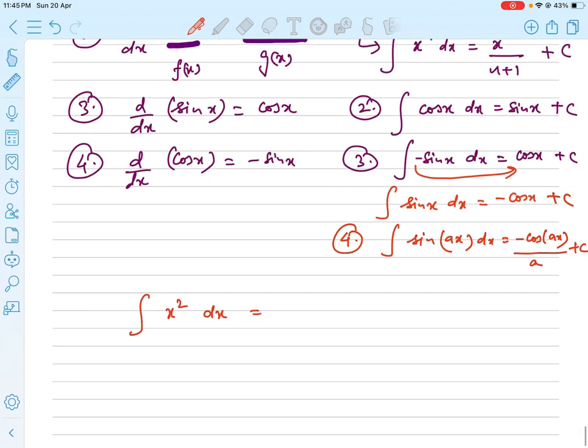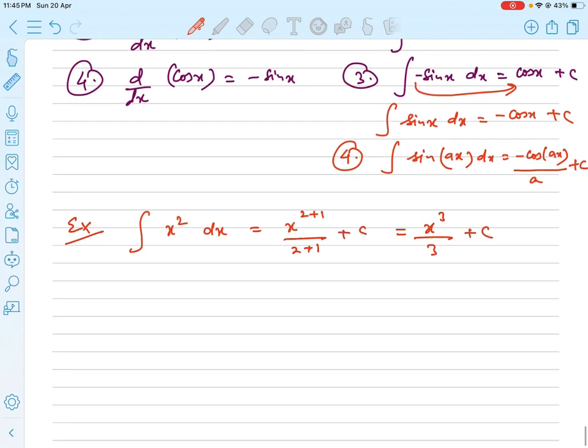So this would be x to the power 2 plus 1 over 2 plus 1 plus c, which will make it x cube by 3 plus c. So this is my first example. In the same way, if I integrate x to the power 3 dx, this would be x to the power 3 plus 1 over 3 plus 1 plus c, which would be x to the power 4 by 4 plus c.